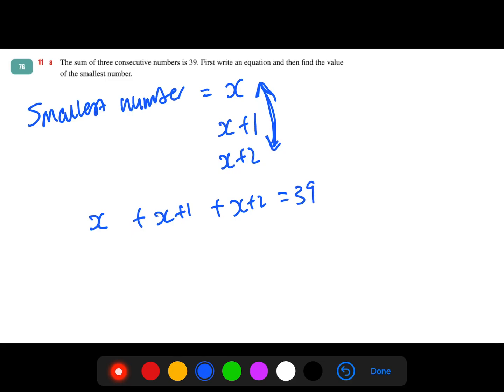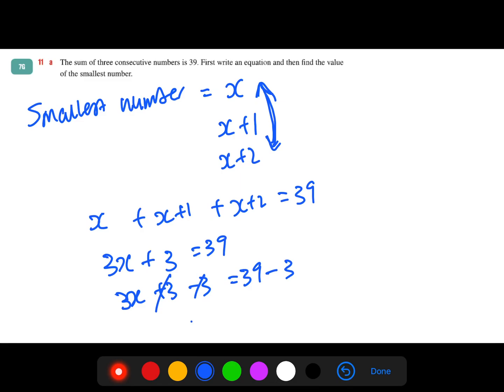Now I'll bring all the x's together. So I've got 3x plus 3 is equal to 39, like that. And then I will do 3x plus 3 minus 3 is equal to 39 minus 3. So the 3's will cancel out. I'll be left with 3x equals 36.